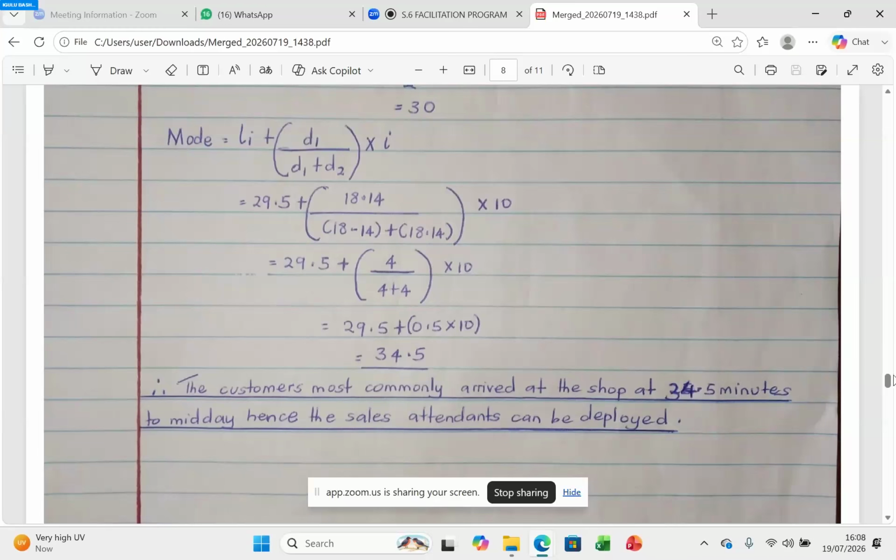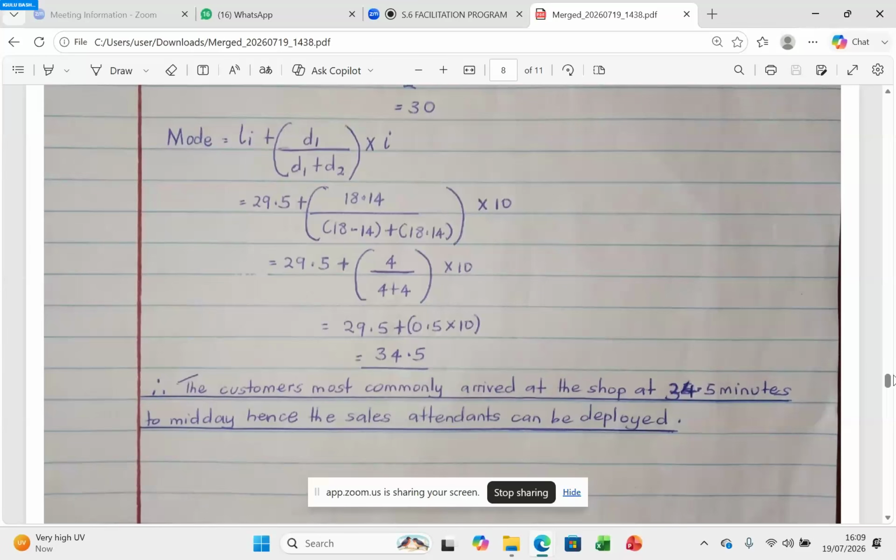Additionally, sales attendants should be deployed during the period when most customers usually arrive. But at the beginning of the question, they said in minutes after 11:10. So 34.5 minutes is after 11:10, right?